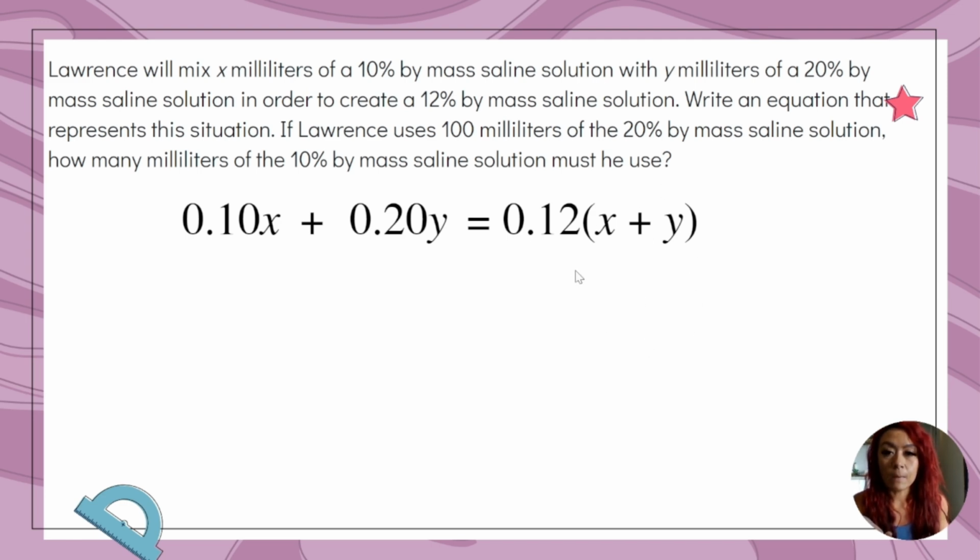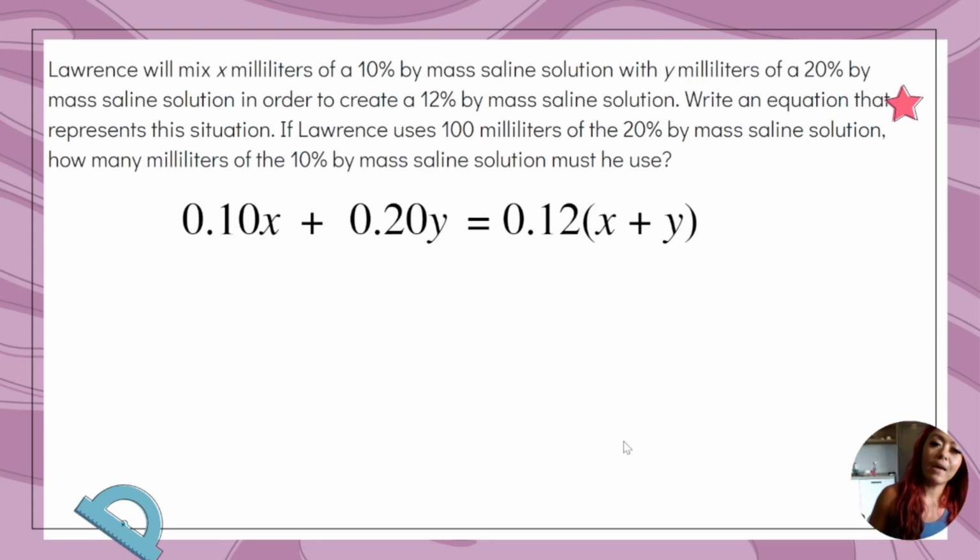X is the 10% by mass saline solution. Y is the 20% by mass saline solution. And he's creating a 12% by mass saline solution by mixing the two. So we have to add x and y on the right-hand side of the equal sign. So this is part one, right? That's our equation.